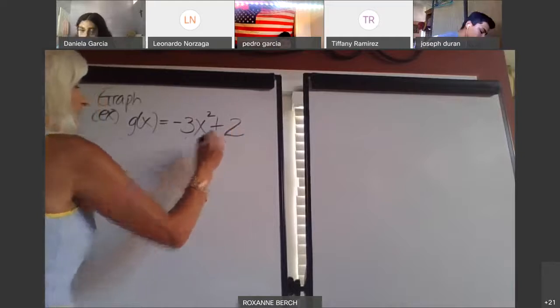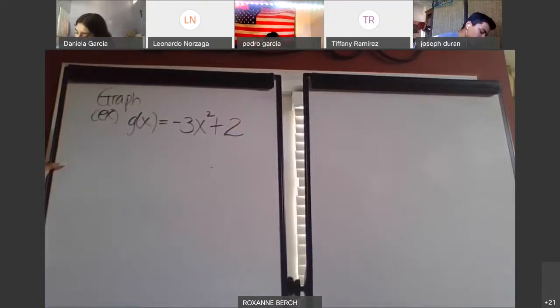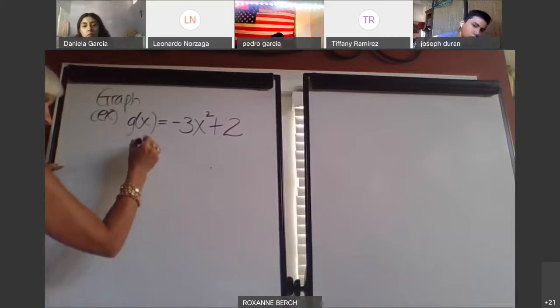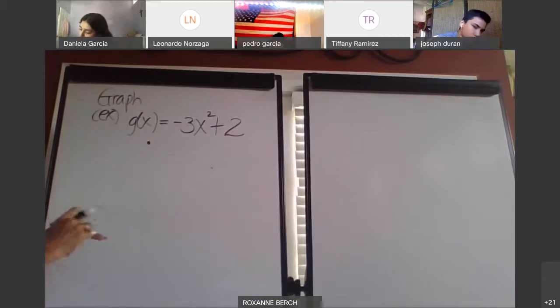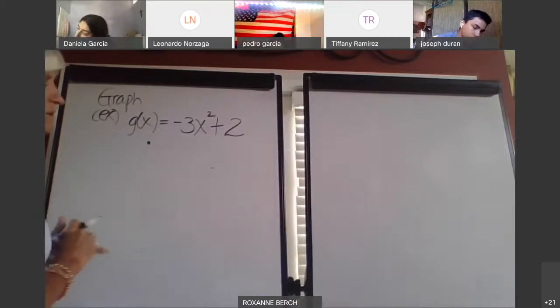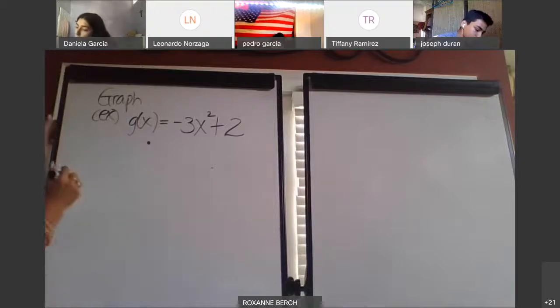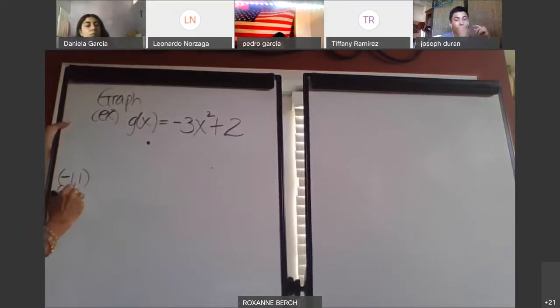Now you want to state the transformation, but make sure you state it in the correct order. What is the correct order? It is a quadratic, so we are going to use left 1, up 1.